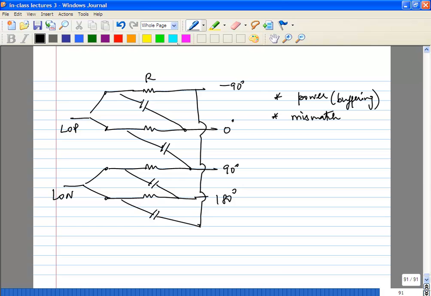What else? So the phase error: you want ideally 0, 90, 180, 270, but you are going to have some kind of phase error at the output depending on the mismatch between the different RCs. So that's going to limit your phase error. And of course the one thing you have to keep in mind with respect to power is, if you want to reduce the power of the drive, you need to increase your R. You want to try to make it as capacitive as possible, which means if you increase your R, your capacitance will reduce.